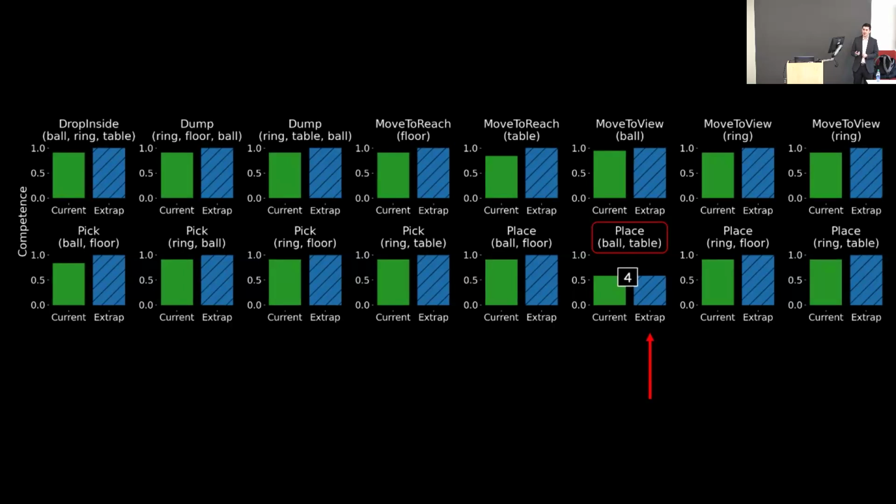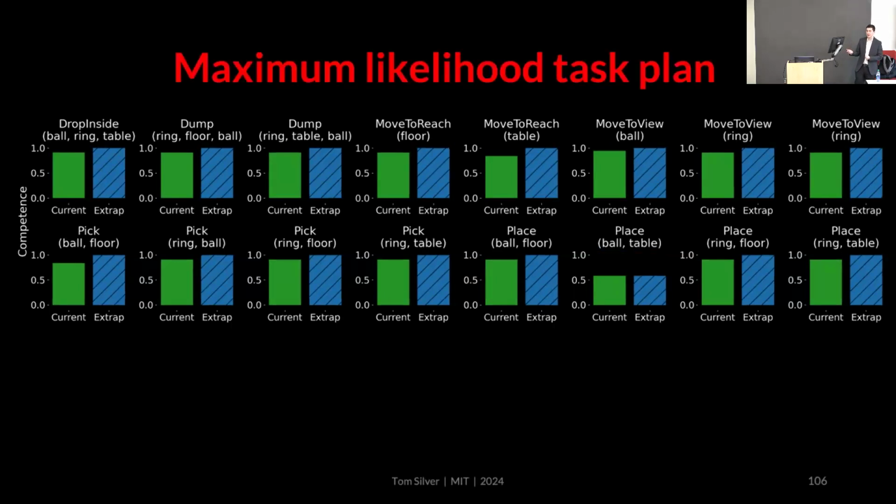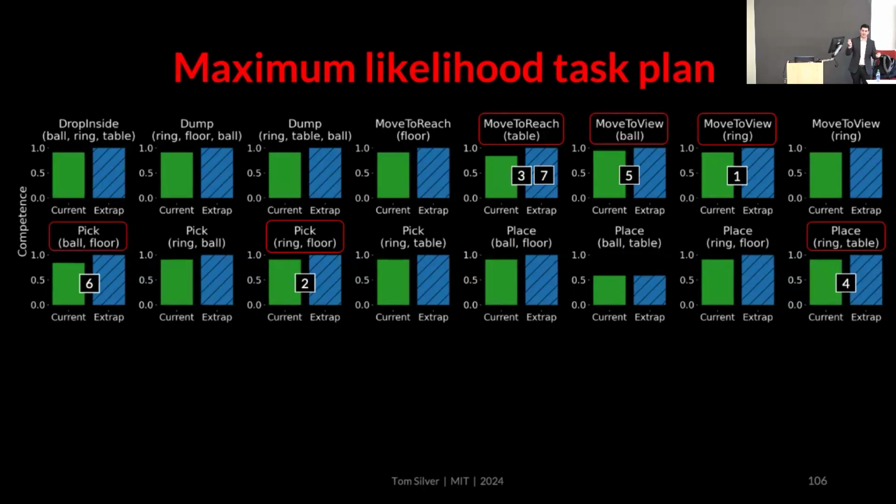So now it's going to update its extrapolation to say that practicing is not helping. And once it does that, it updates its maximum likelihood plan, and it considers a different way of accomplishing the goal of getting the ball on the table. The different way is going to involve this ring, which we conveniently left in the room, and it's going to use this ring to set up a kind of stable support on the table, which the ball can then be placed inside of.